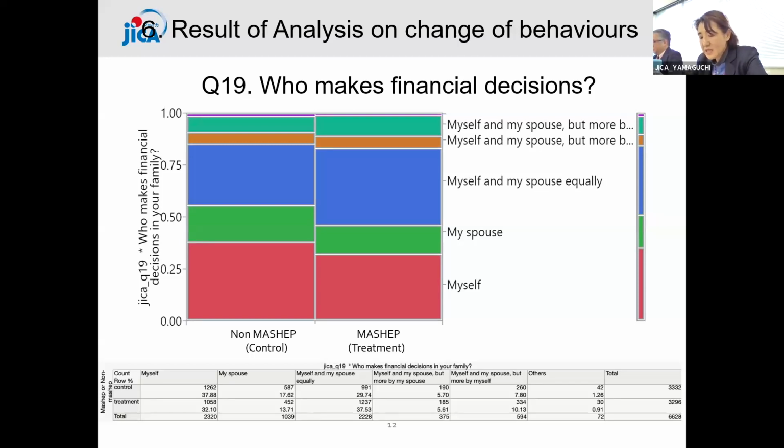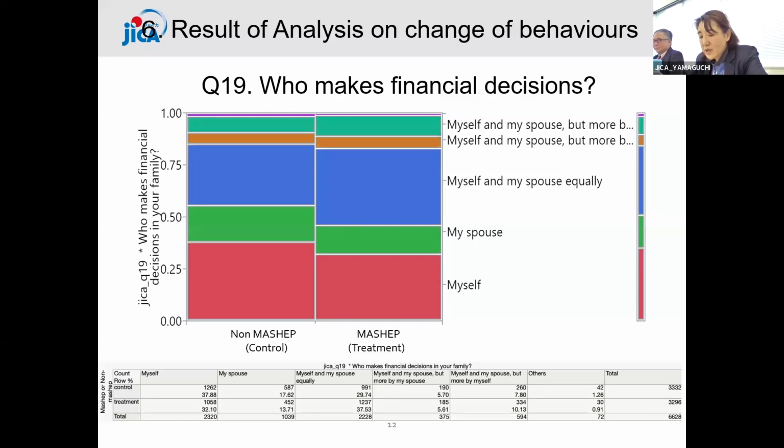Blue means decision made by farmer and spouse equally, jointly. Red indicates decision made by the farmer only, and green indicates decision made by the spouse only. So blue indicates decision made jointly by farmer and spouse.